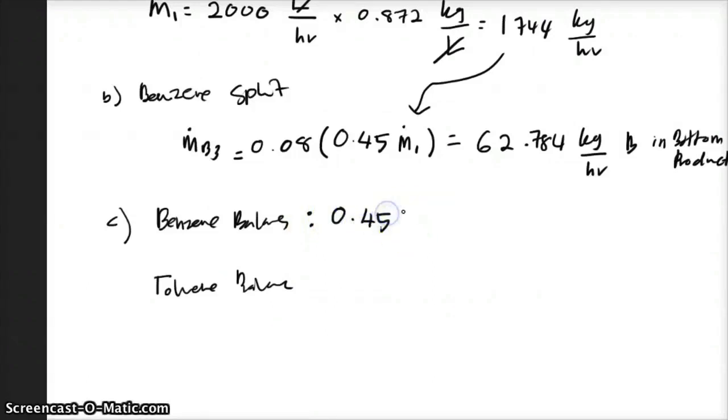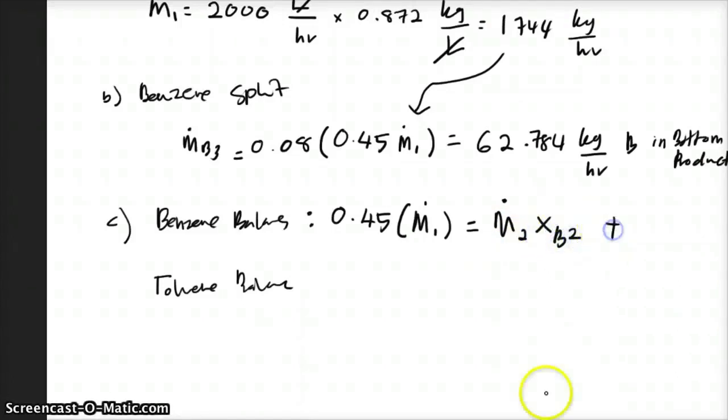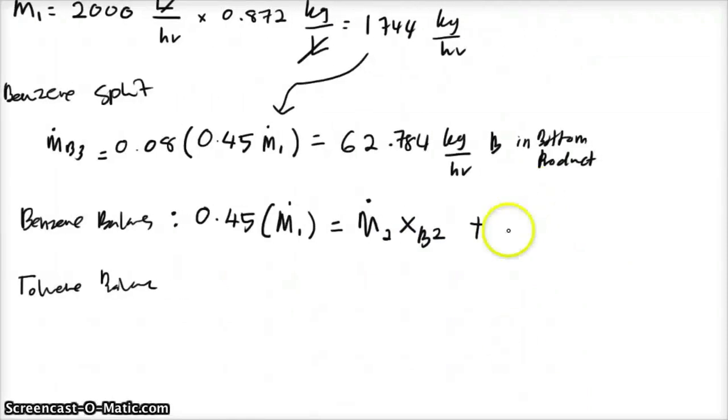And so benzene balance, what goes in is 45% of M1, which is equal to what comes out from the top product, M2, times the mass fraction XB2 of the top product, plus the bottom product, which is MB3.